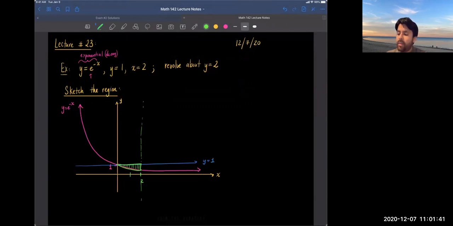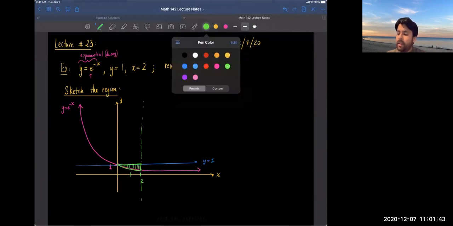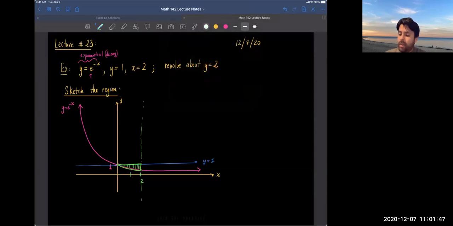However, I do care what's going to happen next. So then what do I have? My axis of revolution is not the x-axis nor the y-axis, but it's the line y equals 2. This is my axis of revolution.